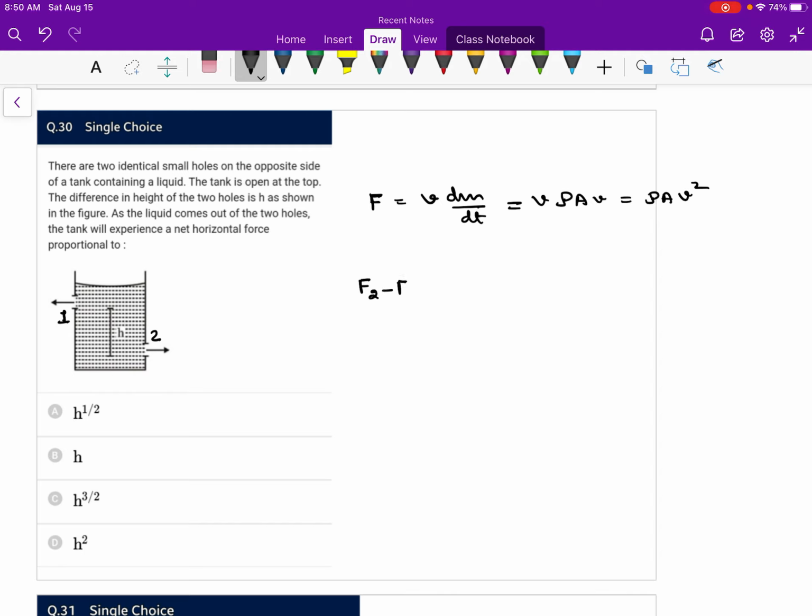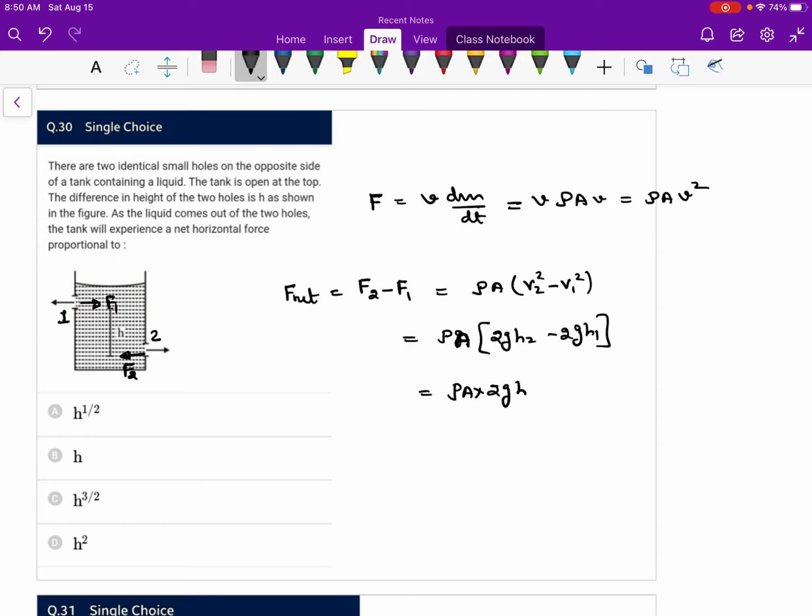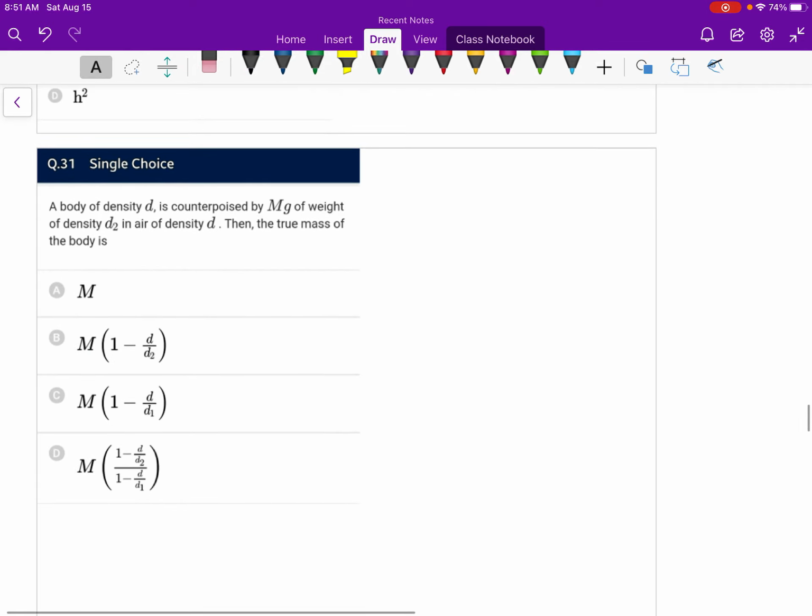So F2 minus F1, F2 will be exerted in this direction and F1 in this direction. So net force is F2 minus F1, which is rho a (V2 square minus V1 square), which is rho a (2gH2 minus 2gH1), which is rho a 2g into h, so proportional to h. So B is the correct option.